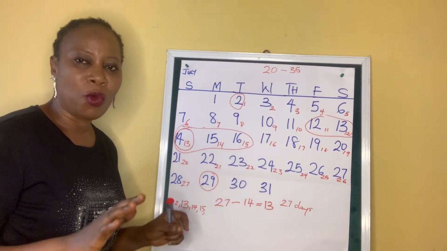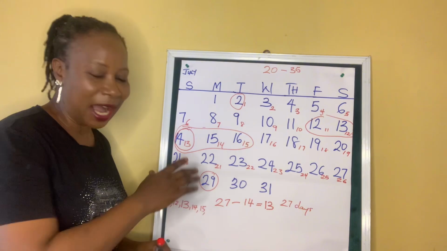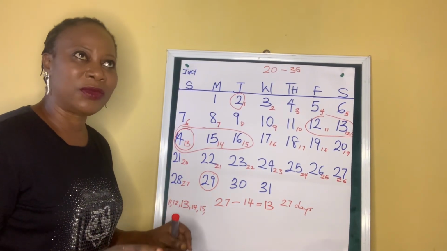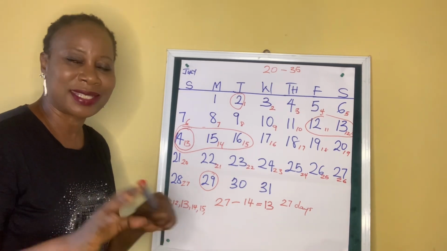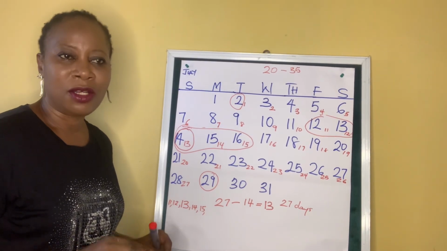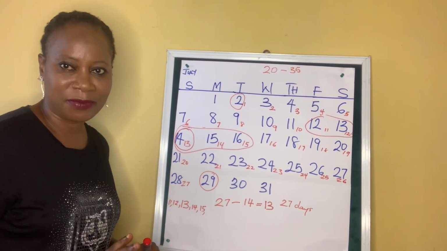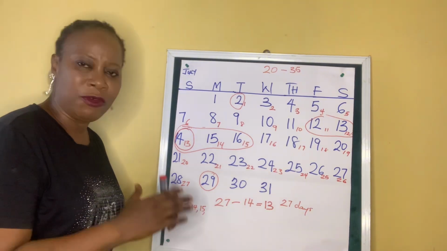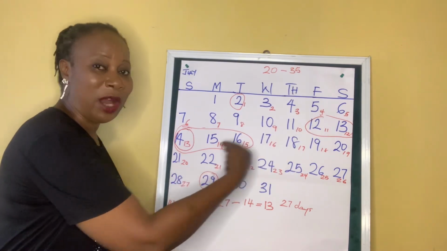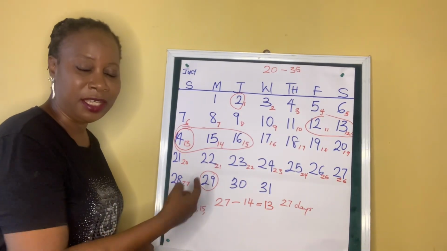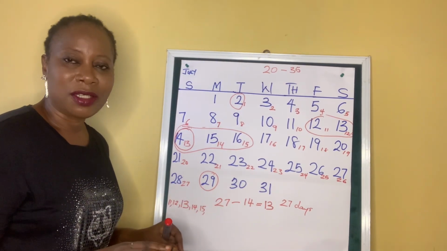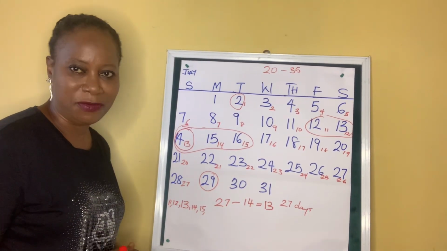The reason is that women with a short cycle can conceive when they are not on their ovulation day, because science says sperm can live in the body of a woman for 3 to 5 days. So if you have unprotected sex before your ovulation day, for those that have a short cycle, it's possible for you to conceive.